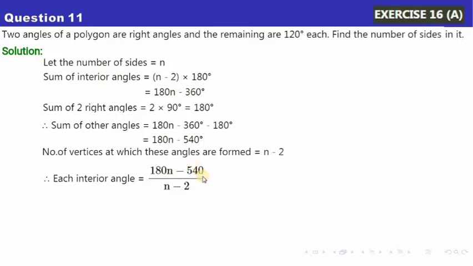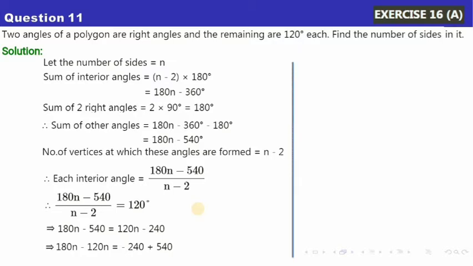This equals 120 degrees, because you know each remaining interior angle is 120 degrees. From here, solve and find the value of n. When you solve it, you'll find that n turns out to be 5. That means the polygon with two 90 degree angles and the remaining 120 degree angles has exactly 5 sides. You may pause the video and note down your solution.